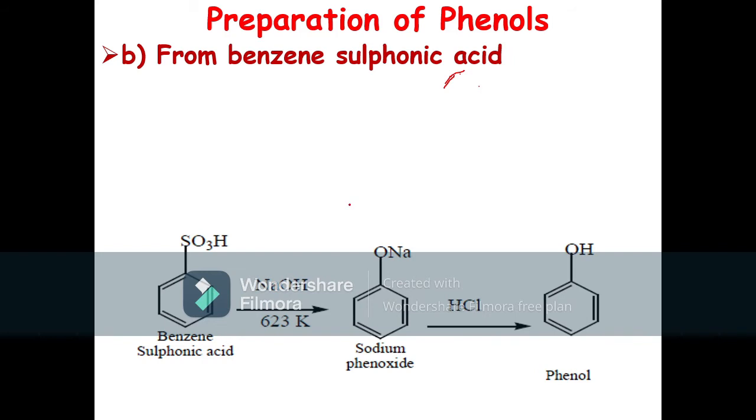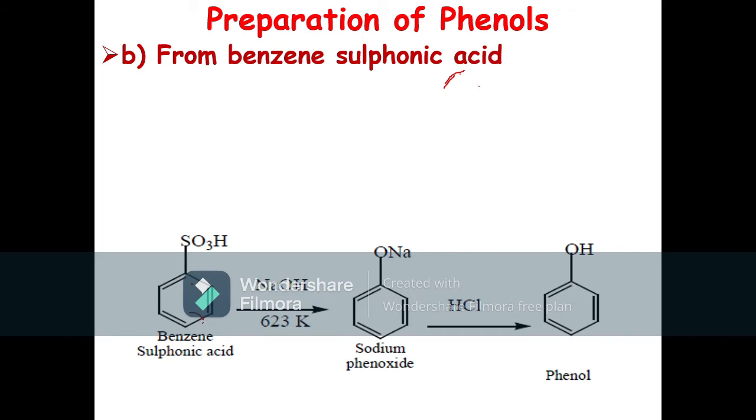Benzene treated with oleum gives benzene sulfonic acid. Here oleum is H2S2O7, pyrosulfuric acid or fuming sulfuric acid, which is very highly concentrated sulfuric acid.